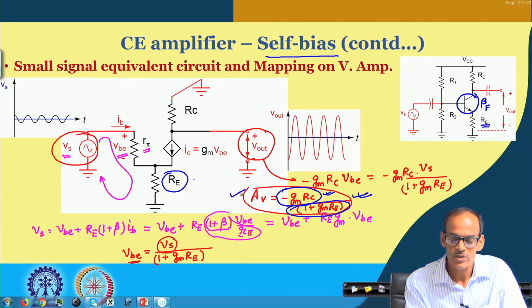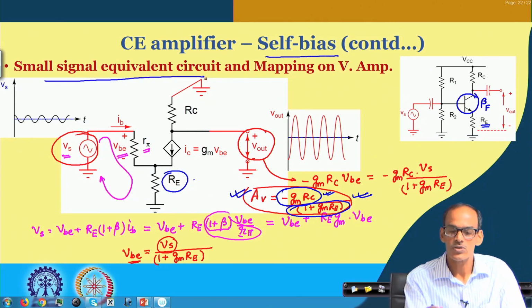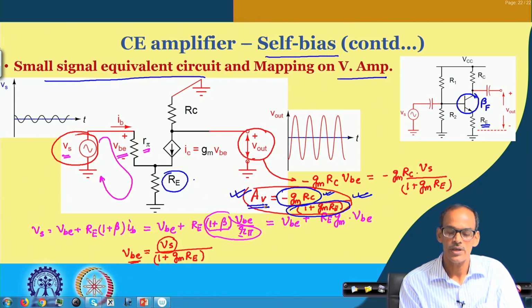But before that, at least we obtain the expression of the voltage gain, and whenever we are mapping this small signal equivalent circuit onto a voltage amplifier model, apart from the open loop voltage gain, we do have two more important parameters, namely input resistance and output resistance of the model.